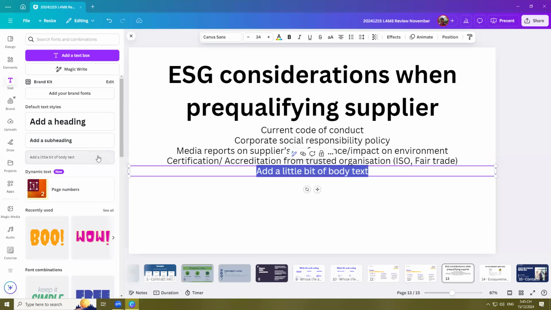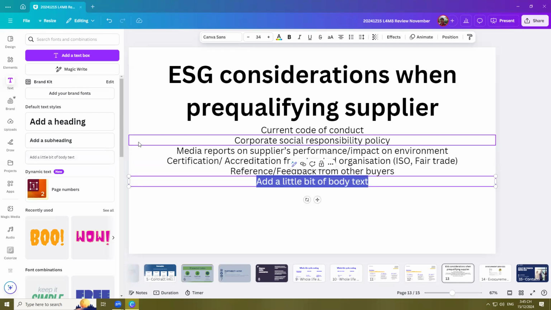And finally, we have the possible social impact. Like, let me think. The reference or feedback from other buyers.